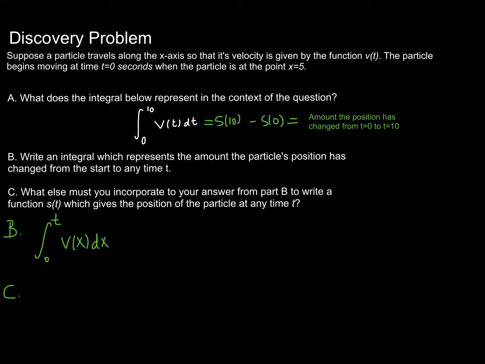So in other words, we need to take the change, and we need to add that on to our initial position. So we can write this very easily. The position in terms of t is going to be the initial position, 5, plus however much I've changed in position from 0 to that point t.